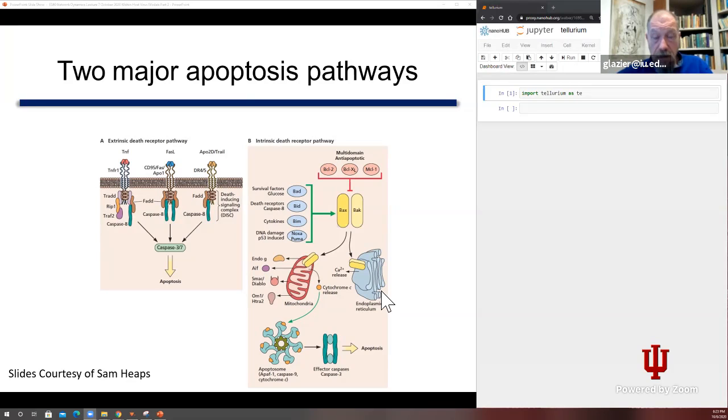Your mitochondria, which produce the ATP of the cell, have their own subcellular membranes. If you make holes in those, the cells die really fast through reactive oxygen species. And so one of the fastest ways for a cell to die is to let its mitochondria leak. And so mitochondrial permeabilization is a classic mechanism of rapid cell death. And there are a variety of pathways that do that.